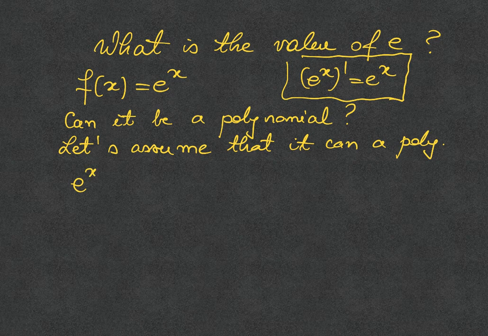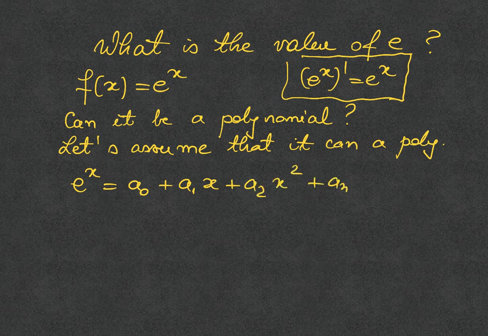Therefore, it means that I can write e to the power of x as a0, the free term, plus a1x, a2x squared, a3x cubed, plus, and so on, up to an x to the power of n. I'm not going to write this last term because I don't know exactly what n is, so I will leave it like this.